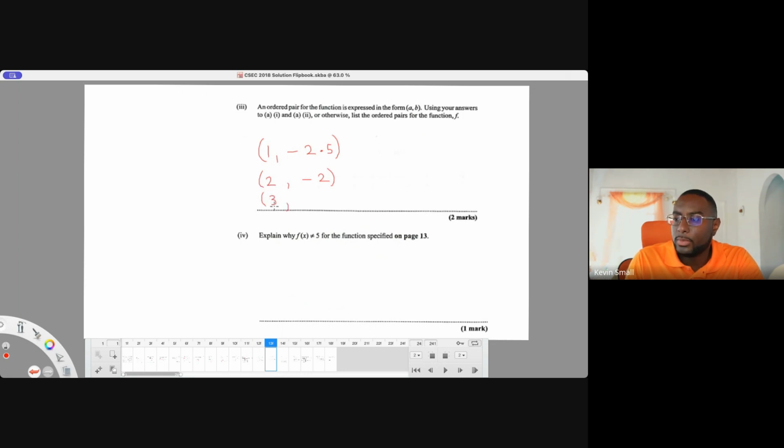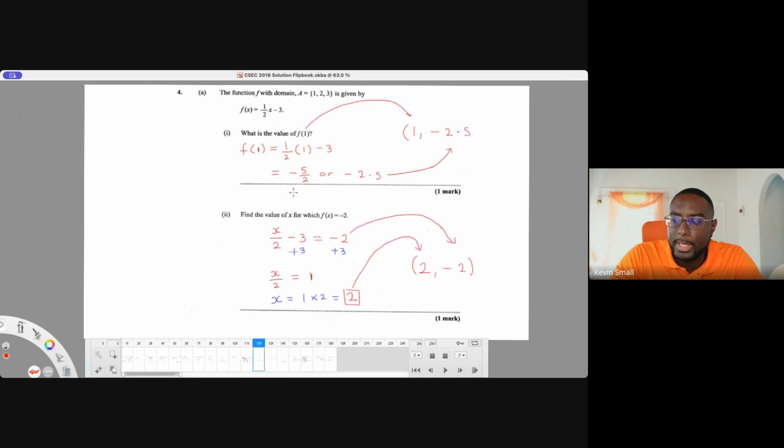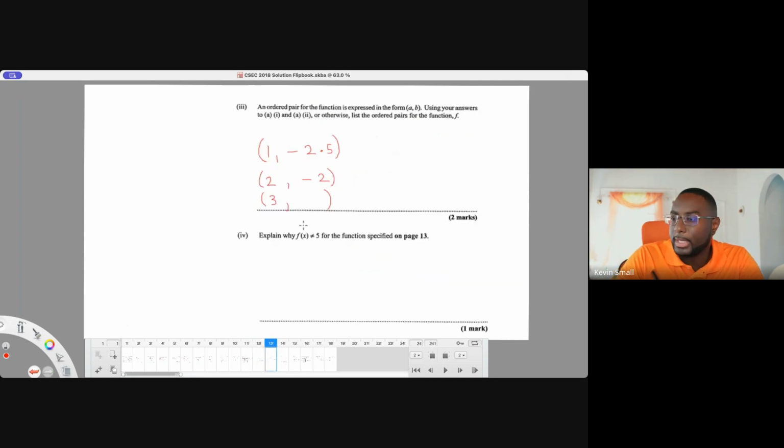We didn't work it out in the previous two questions, but what would be the last output that will come out of this function? Because remember, the question said it can only have an input of these 3 numbers. So let's do 3 now and see what it would be. The answer is negative 1.5, Joseph. Correct. So these are the 3 ordered pairs. Of course, the question only wanted 2, but those are the 3 ordered pairs.